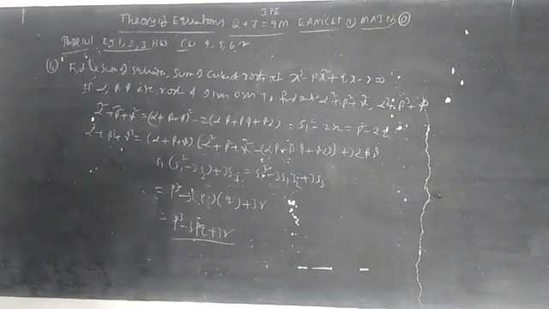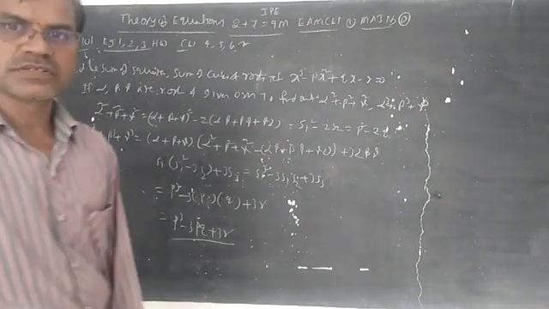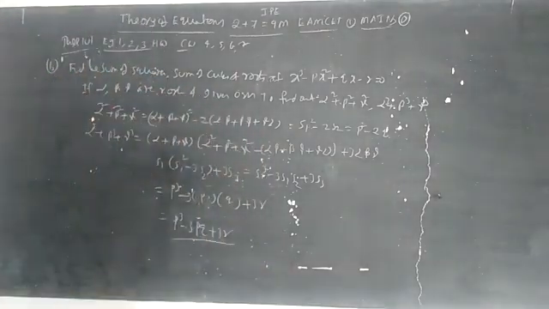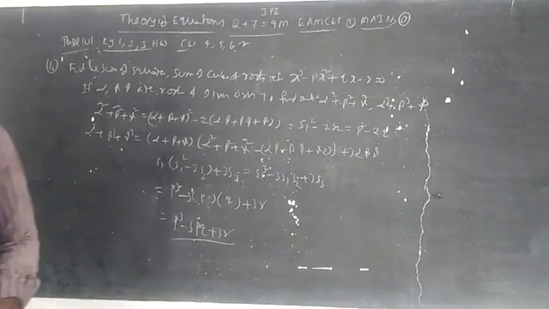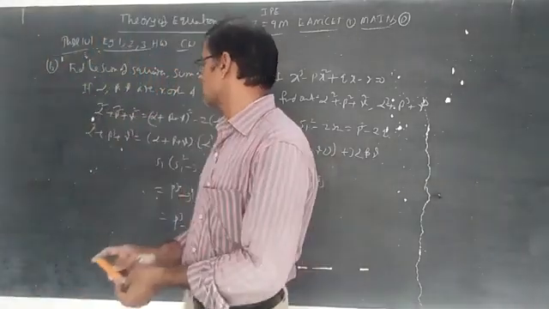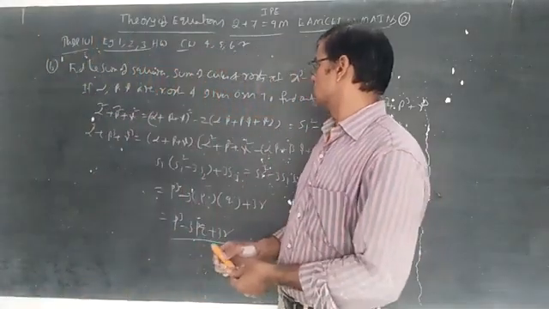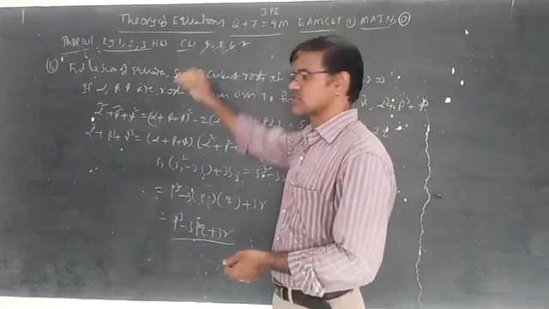We take common p and he has given an option like this. Next, obtain the cubic equation whose roots are squares of the roots given. Okay students, 7th question let us discuss in next class.